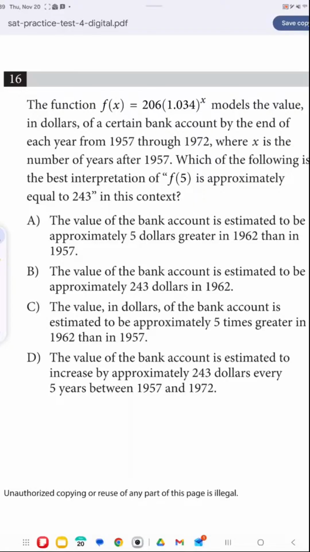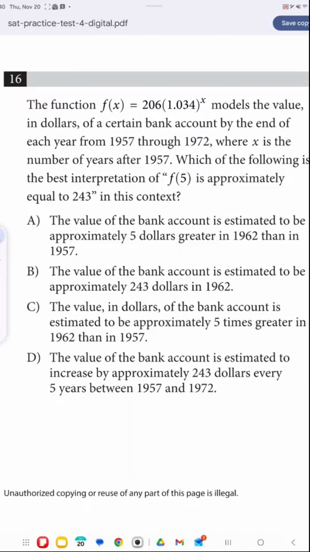So remember that the function here, f of x, represents the bank account value after a certain number of years. And x here represents the number of years from 1957 and through 1972. So f of 5 would, to me, mean that we're looking at the bank account balance 5 years after 1957.